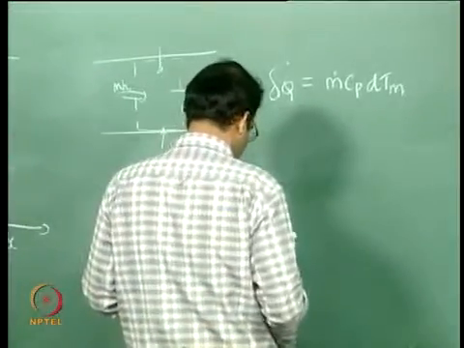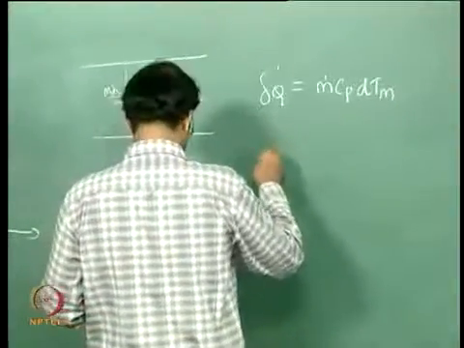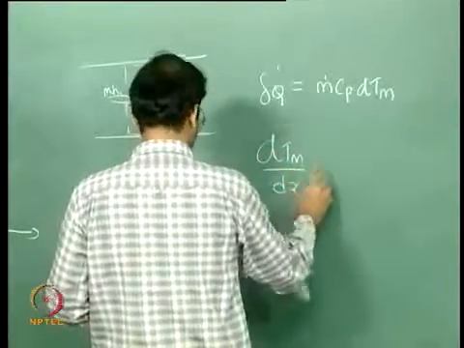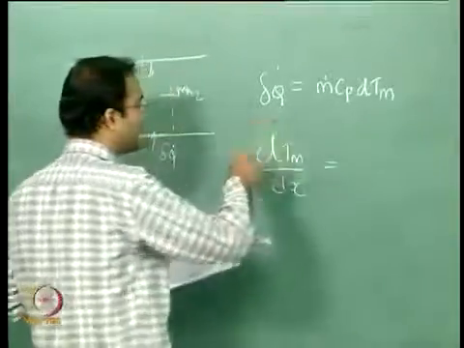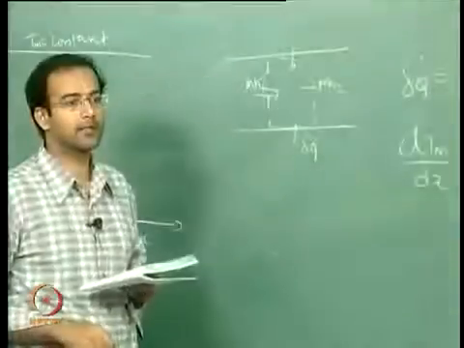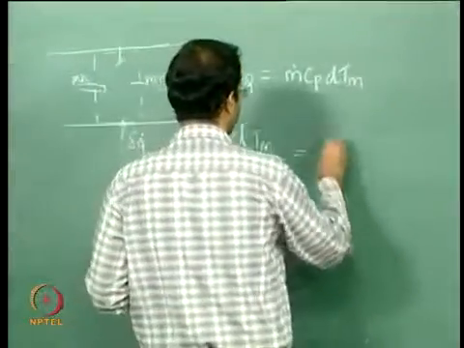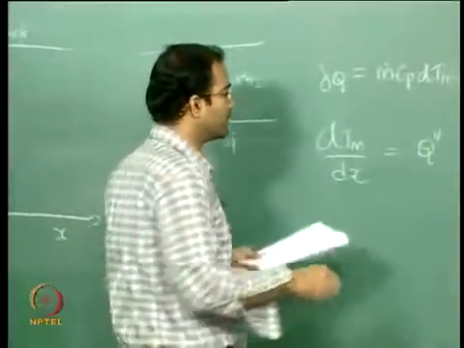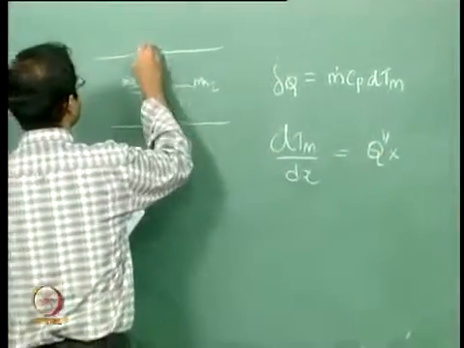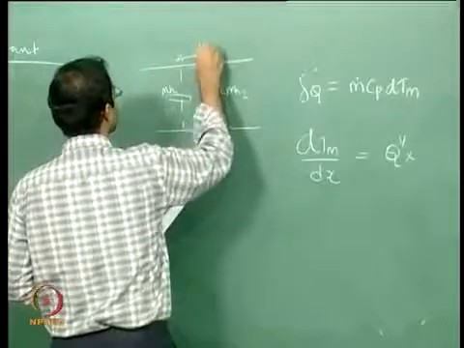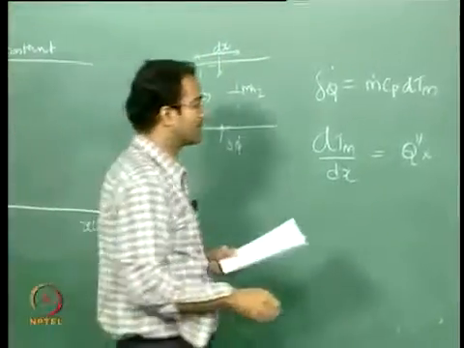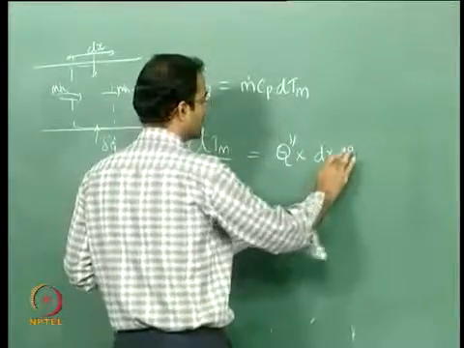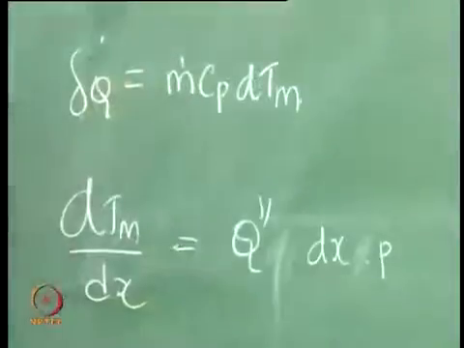So I can just divide everywhere by dx. So dTm by dx will be equal to, now this is your heat transfer rate, which can be expressed in terms of heat flux. You can write this as Q double prime, which is in watt per meter square, into, if you assume that the control volume has a differential length dx, into dx into perimeter, right.